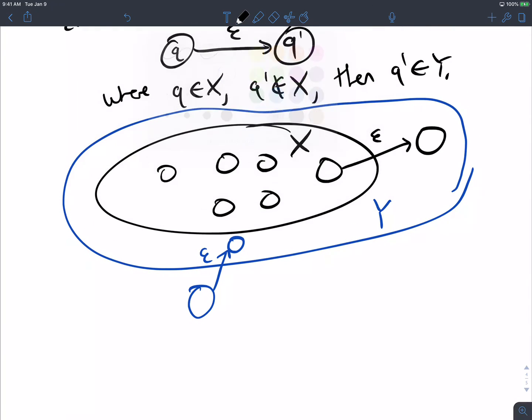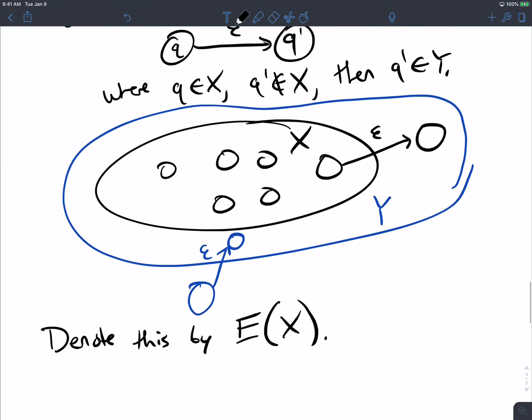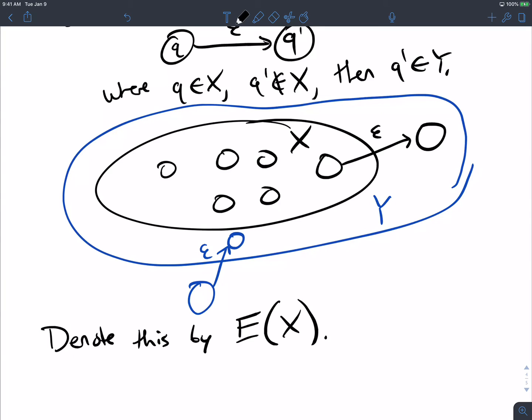We will denote this by E of X, where the E on the front means epsilon closure of X. So in the example we had before, the epsilon closure of just Q2 is just Q2. The epsilon closure of just Q0 is the set Q0, Q1, because we include everything else we can reach and keep building until we can't anymore.